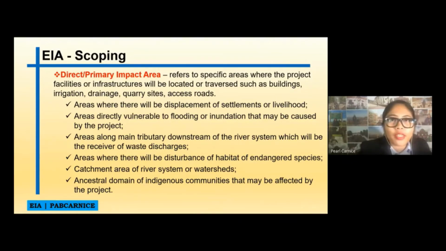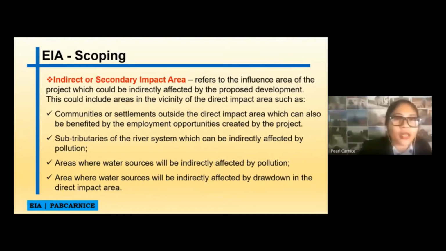When we say indirect or secondary impact area, this refers to the influence area of the project which could be indirectly affected by the proposed development. This could include areas in the vicinity of the direct impact area, such as communities or settlements outside the direct impact area, which can also benefit from the employment opportunities related to the project.